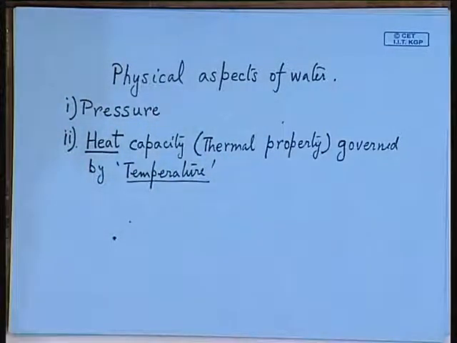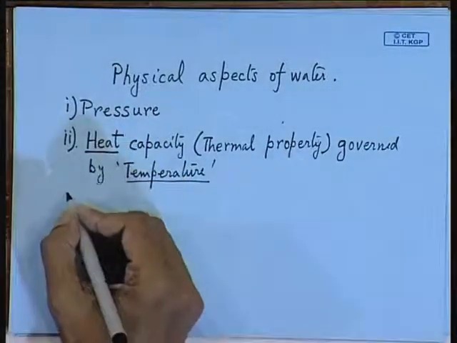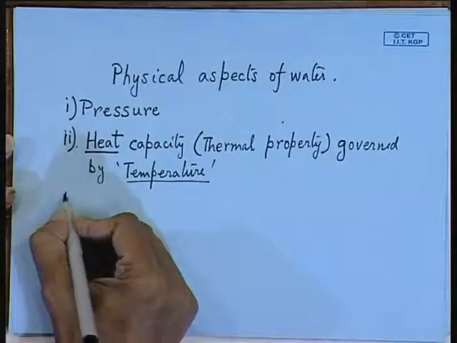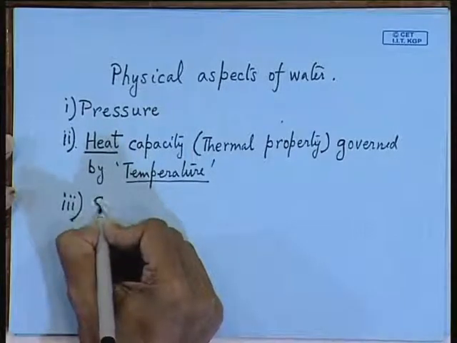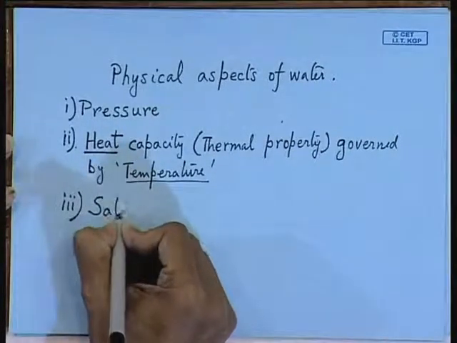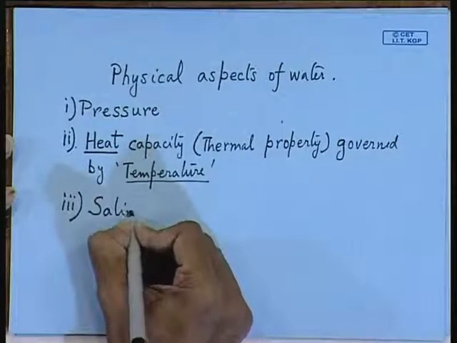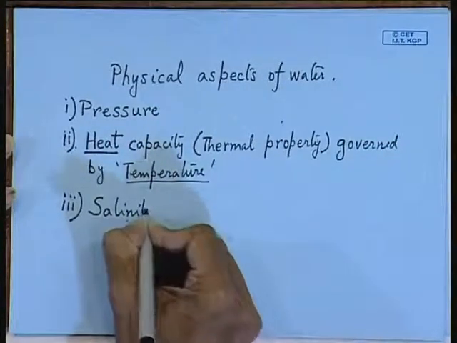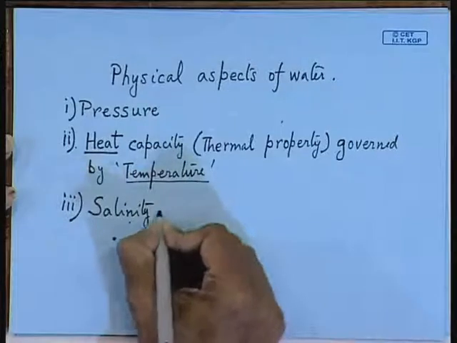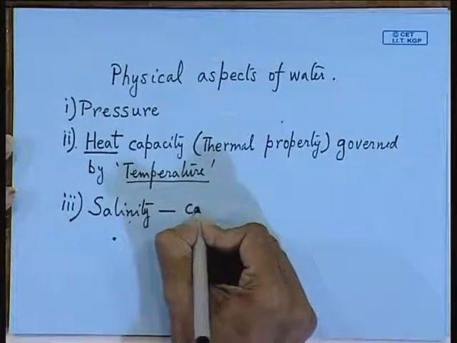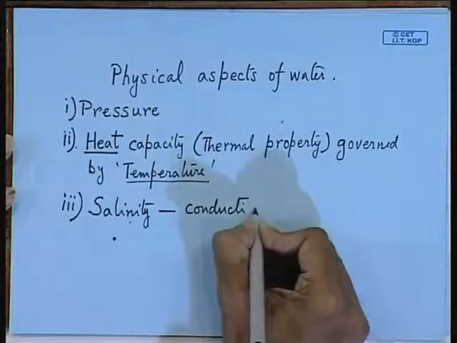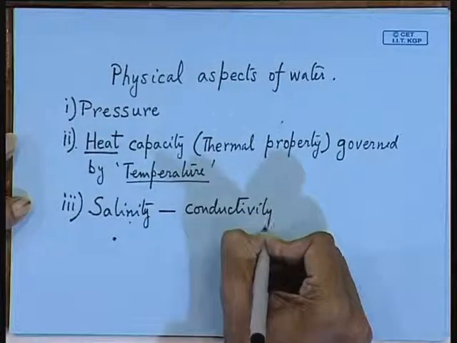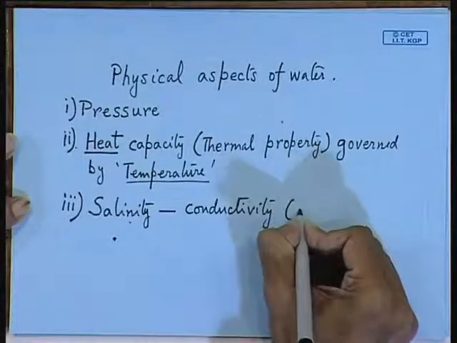The last property that is affecting all of us is number 3, you write salinity. Now, this salinity influences conductivity in the water. Rather, you can write ionization of water particles.